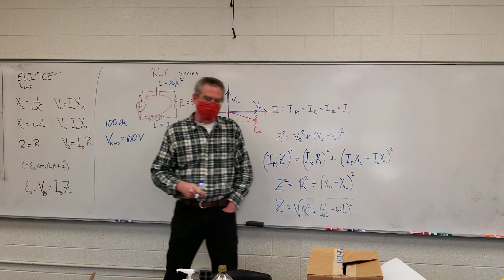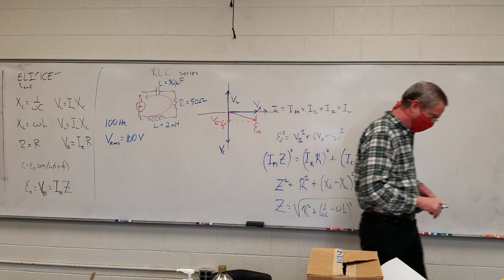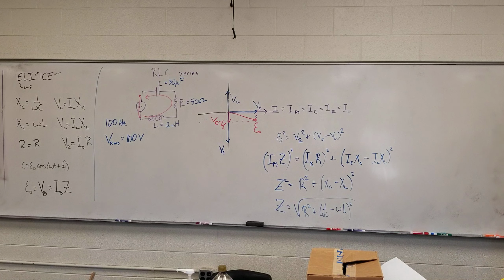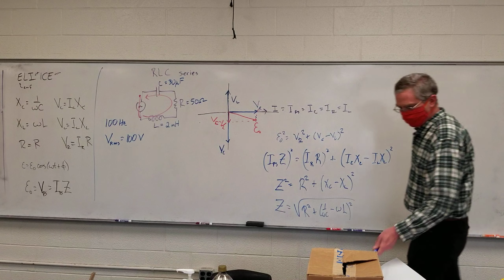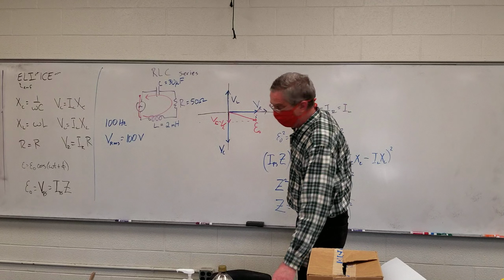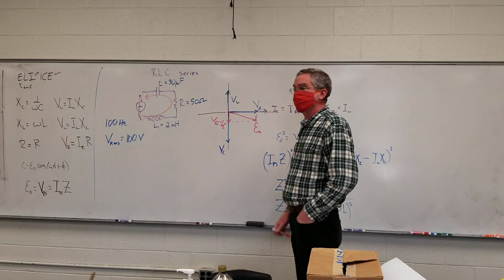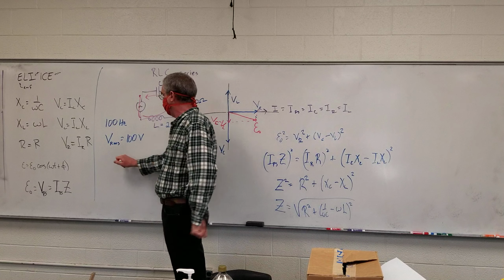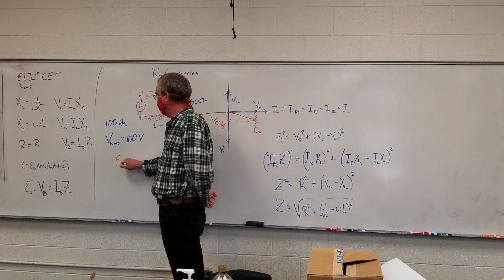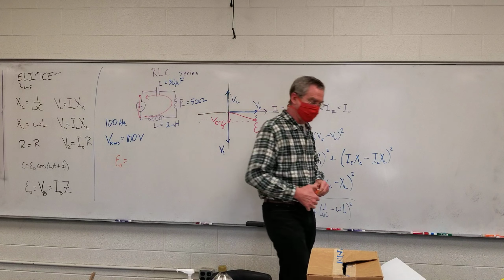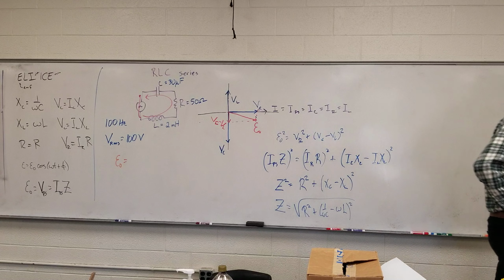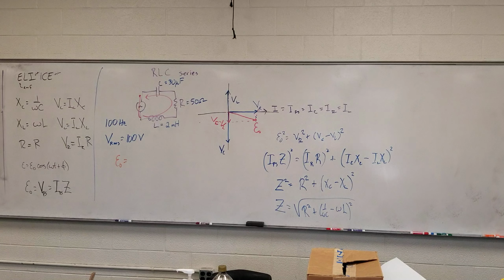Let's do 100 and 100. All right, so starting out, what is epsilon sub naught? There's enough information for you to figure out what the maximum voltage from the power supply is going to be.